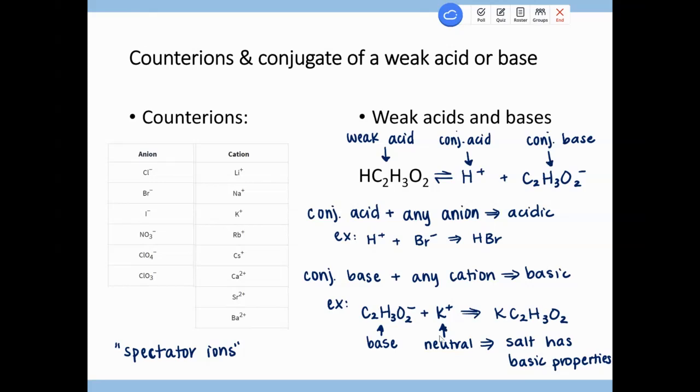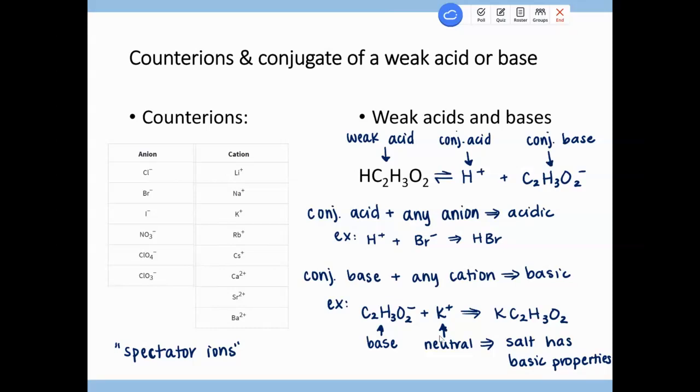So these on their own don't influence acidity or basicity, but if one of these ions is combined with a conjugate acid or conjugate base, then the other part of that, we're calling it a salt, does have acid-base properties.